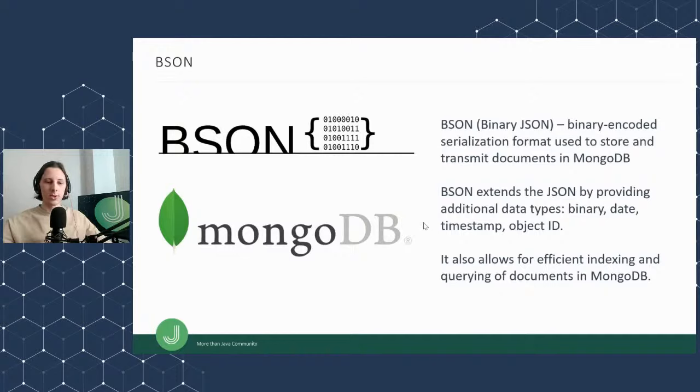It provides additional data types like binary for sending images, dates, timestamps, and ObjectID. ObjectID is a special data type for a primary key of the objects in the MongoDB database. And it allows efficient indexing and querying of the documents.